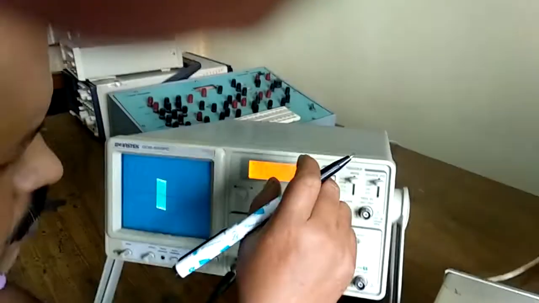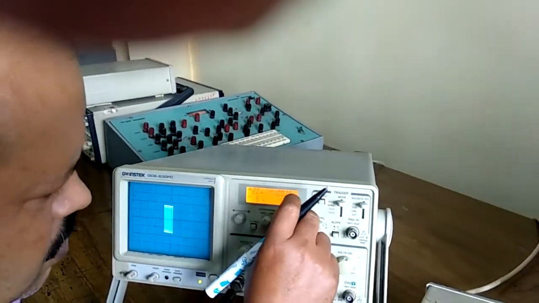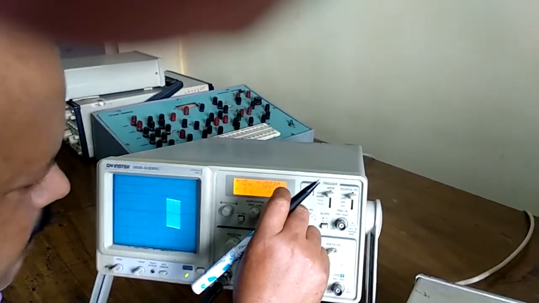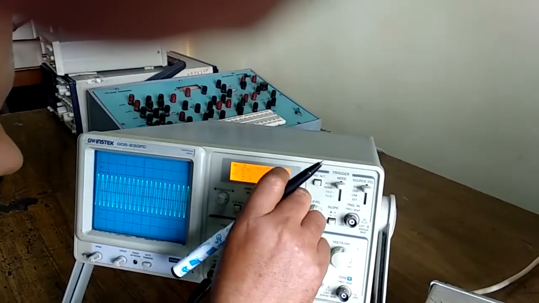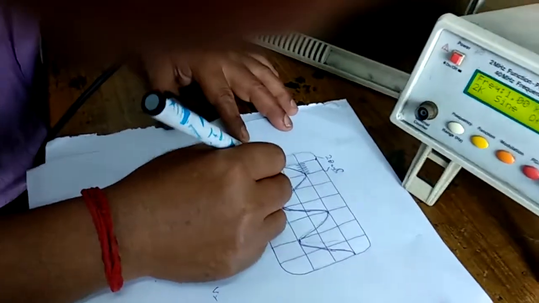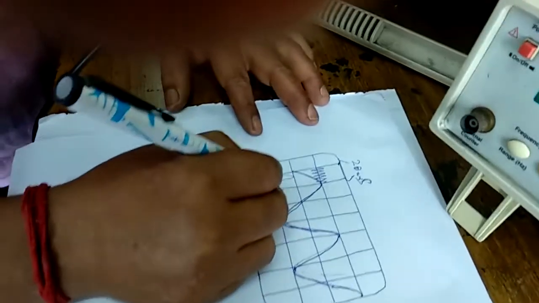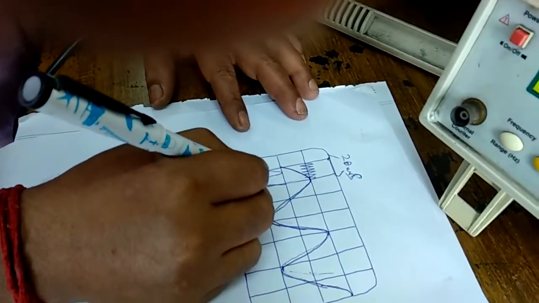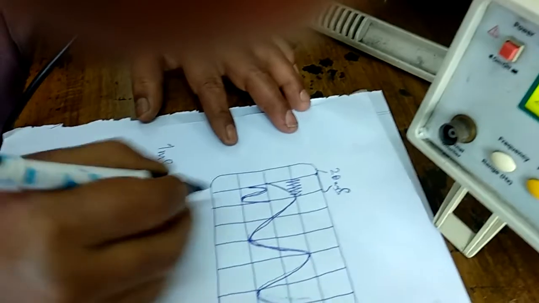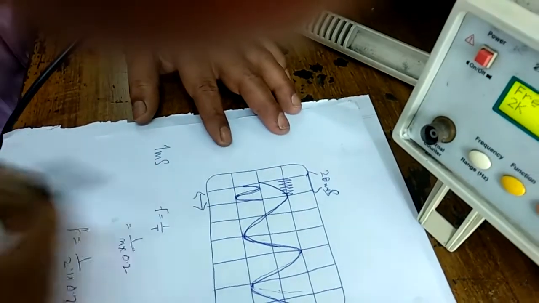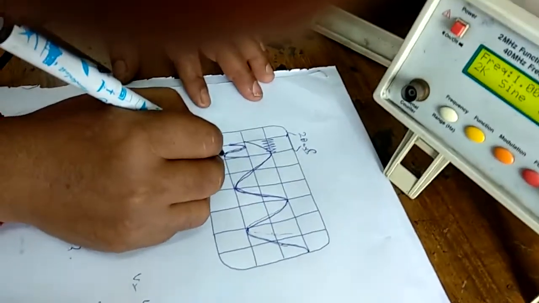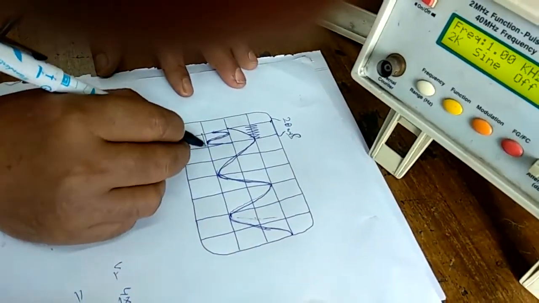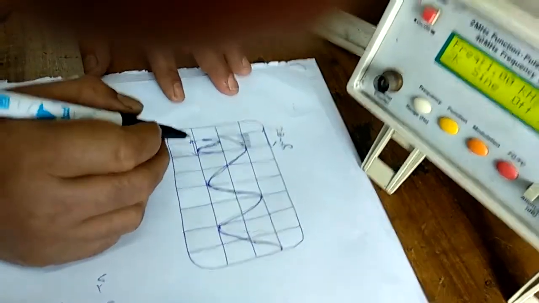So if you make your time base 1 millisecond, then only you will see a complete time period or cycle in a big division area. That means your single time period will accommodate within this one big division.